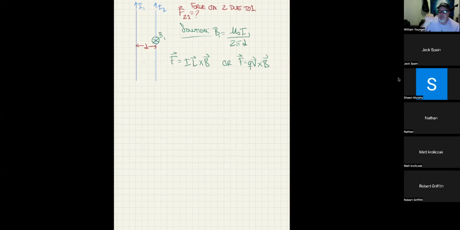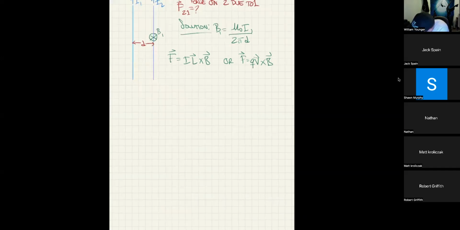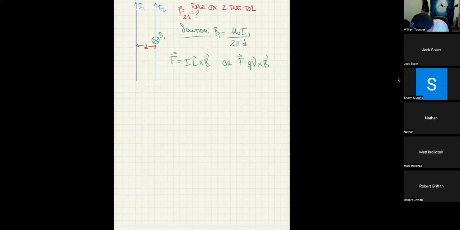So now my fingers can bend in towards the page and therefore are parallel to B. At that point, my right thumb is pointing to my left. And in fact, it's saying that I2 is attracted to I1. So I'm going to say the force is in this direction.